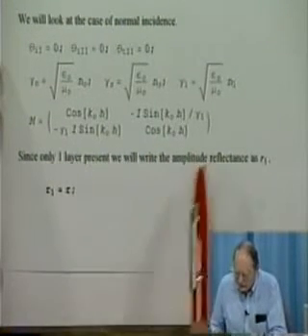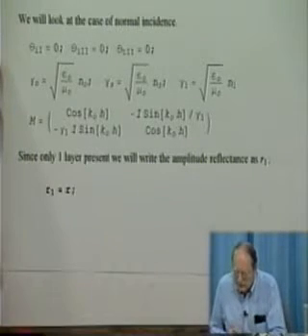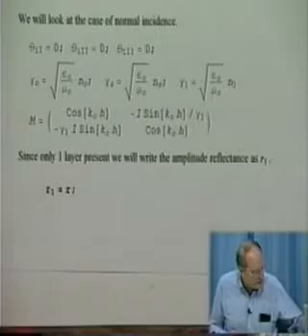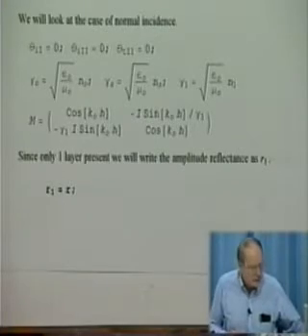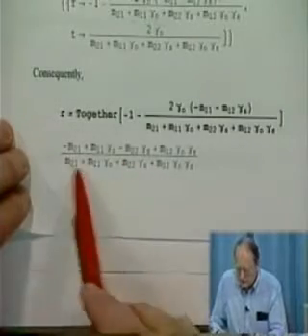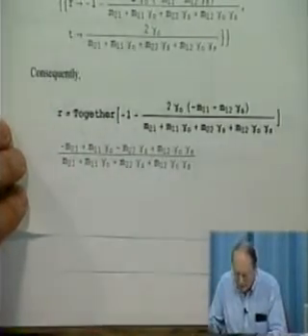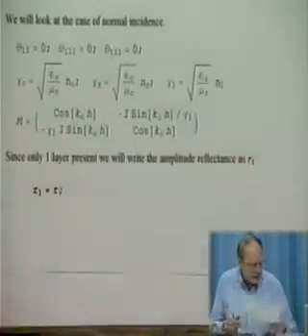And we have only one layer present, and so we will say the reflectivity here is R1. So all we have to do then is to come back here and plug in the parameters in here to R1, and we'll square that, and we'll get what the reflectance is.